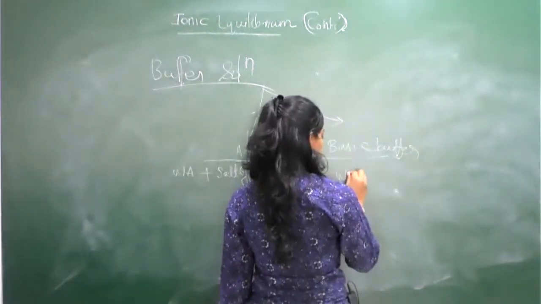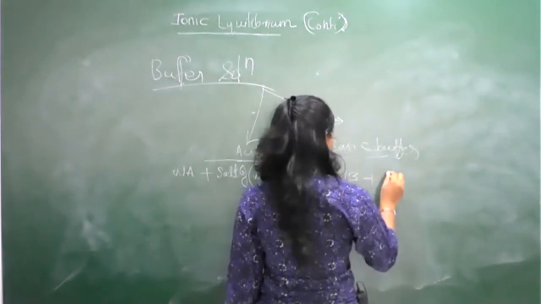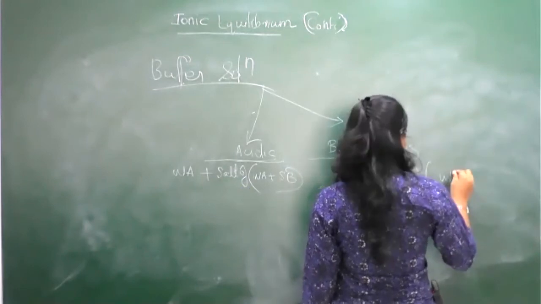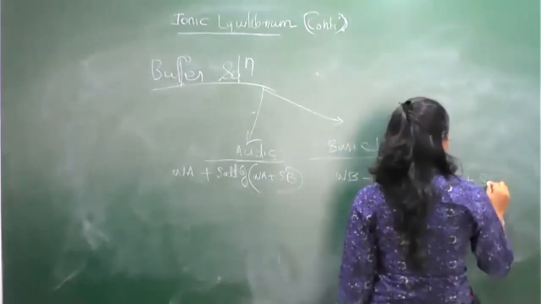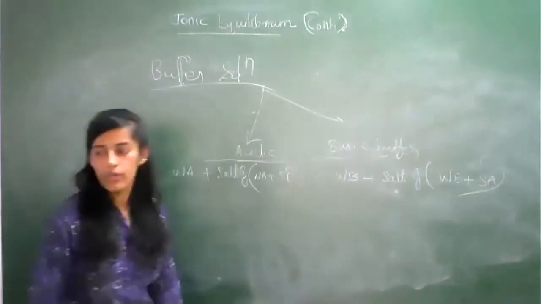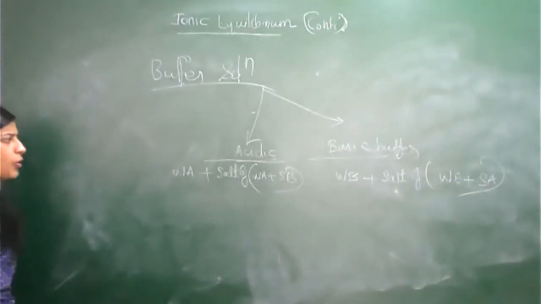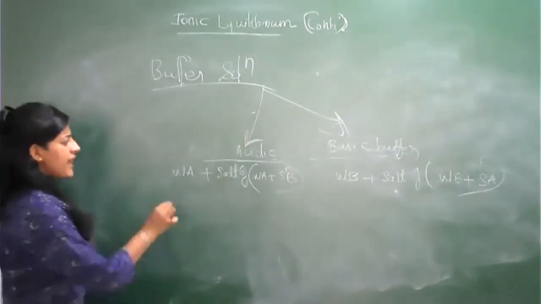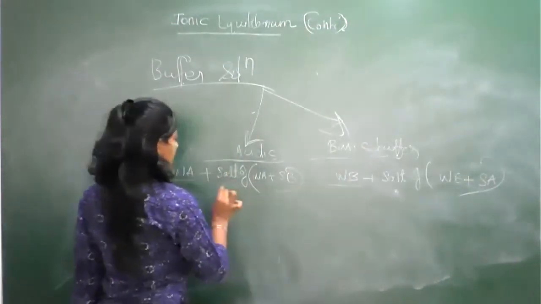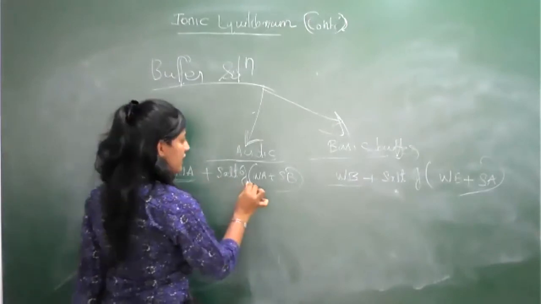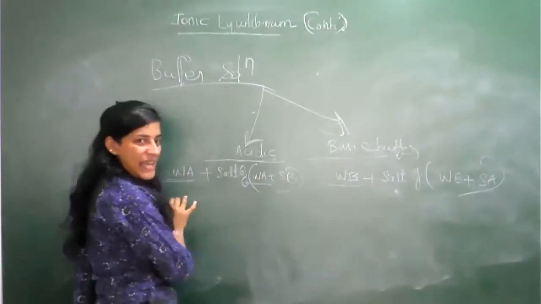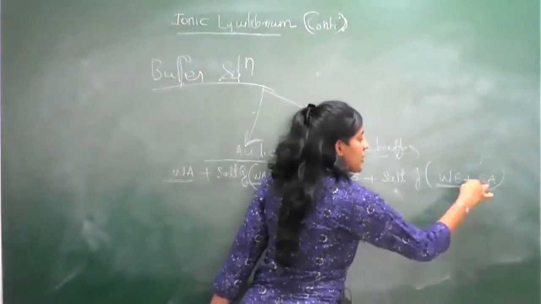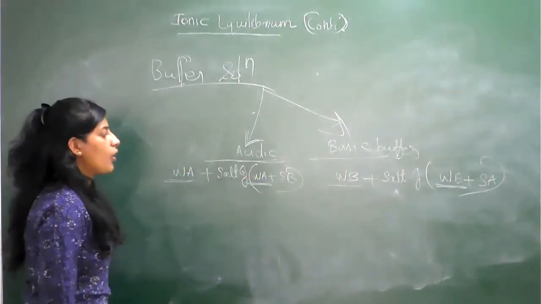Weak base plus salt of weak base and strong acid. Very important. Note down, study it, revise it. Here also weak, but the mixture is not the same, it's a different kind: weak base combination plus strong acid, or here strong base.